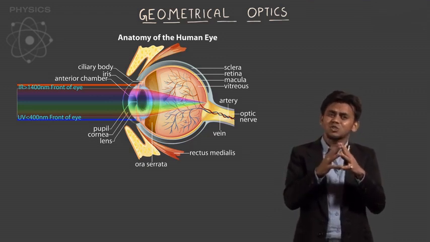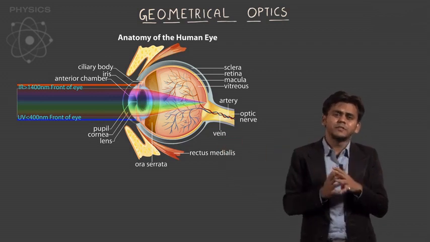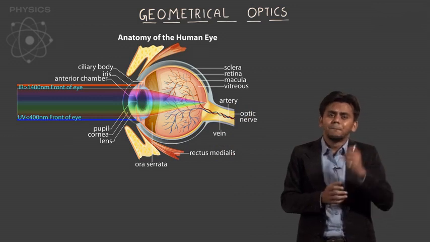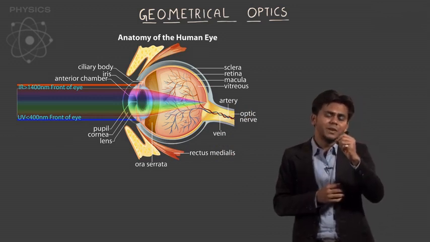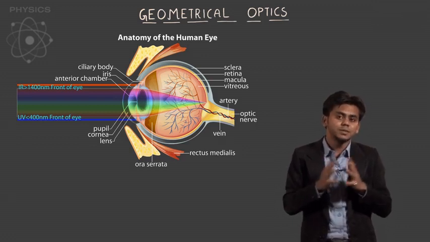So in the case of infinite separation of the object from my human eye, the distance of the retina from the lens is actually the focus.